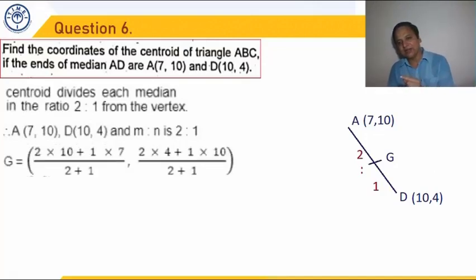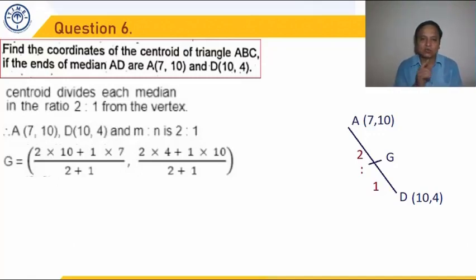It's (2 into 10 plus 1 into 7) upon (2 plus 1), then (2 into 4 plus 1 into 10) upon (2 plus 1). Since G lies inside, we apply the internal division formula, dividing in the ratio 2:1.